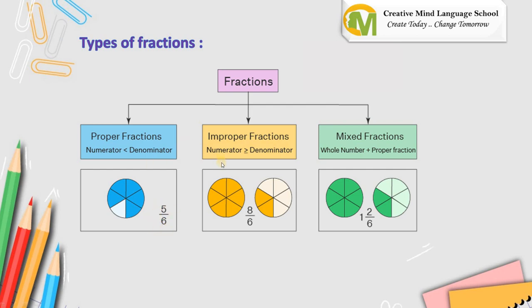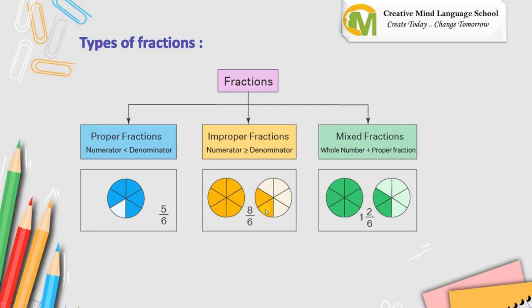And the second type is improper fractions. When I see the numerator is equal to or more than the denominator, it's called an improper fraction. Like this example, how many parts do I have in this picture? So I count 1, 2, 3, 4, 5, 6, 7, 8.